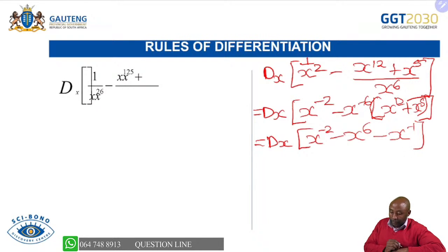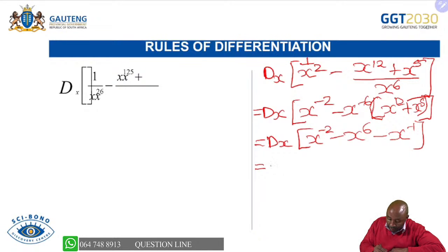Now, as you can see, as I'm manipulating, the d of x is still written. I'm not evaluating the derivative. I am manipulating the expression so that I'm able to use the rules. Now, when I use the rules, I no longer write the d because now I'm evaluating the derivative. Hence, I will not write the d of x.